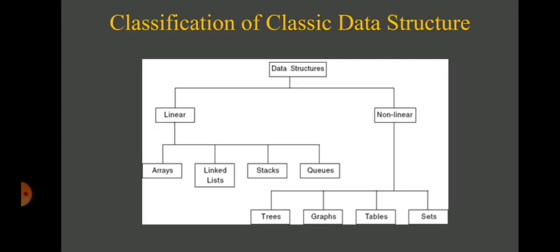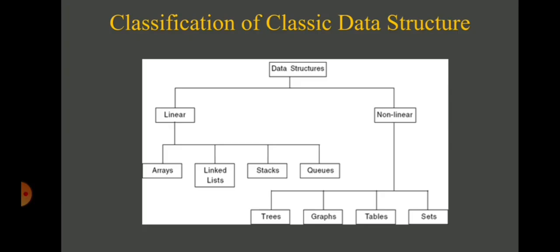Classification of classic data structures. In computer science, there are several data structures known depending on the areas of application, but out of them, a few data structures are frequently used in almost all applications. These frequently used data structures are called fundamental data structures or classic data structures. Okay, it can be observed that all the classic data structures are classified into two main classes.